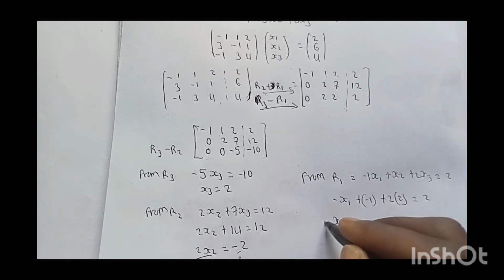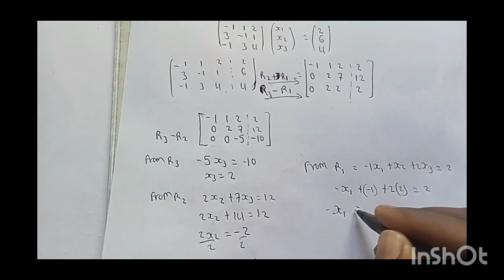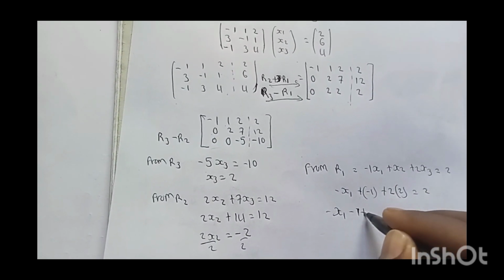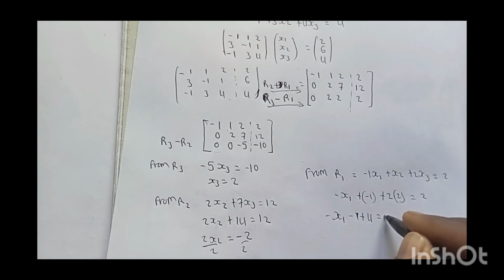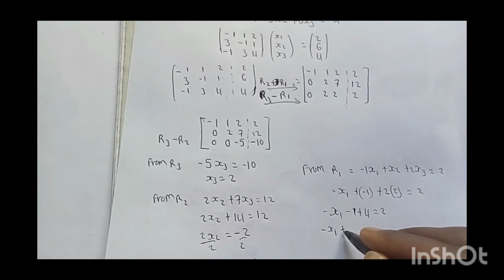So this one is the same as negative 1 x1 minus 1 plus 4 is equal to 2. This is the same as negative 1 x1 plus 3 is equal to 2.